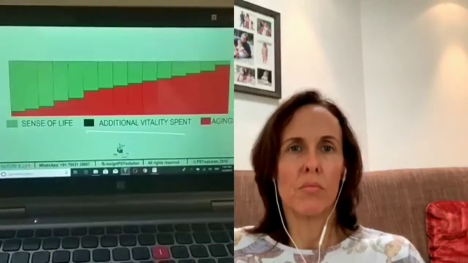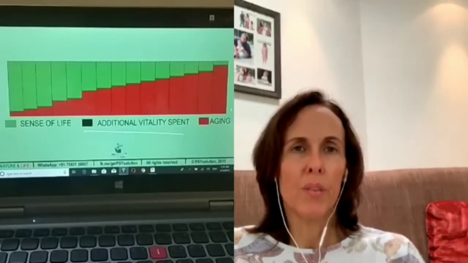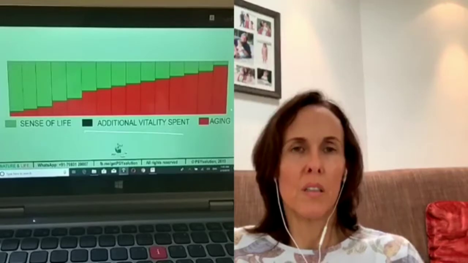Let me bring the complete slide on the screen. Yeah, now I think it's completely visible. The green portion is the sense of life, the red portion is the aging, and the black portion is the additional vitality spent, which is missing on this ribbon because this is an ideal hypothetical ribbon.